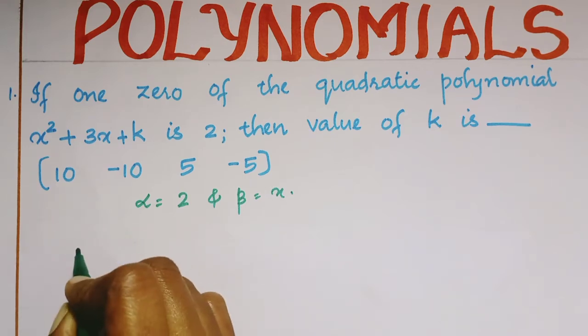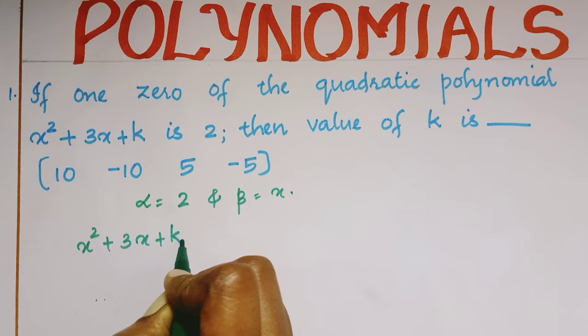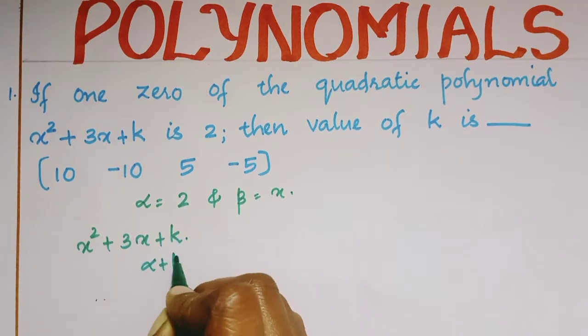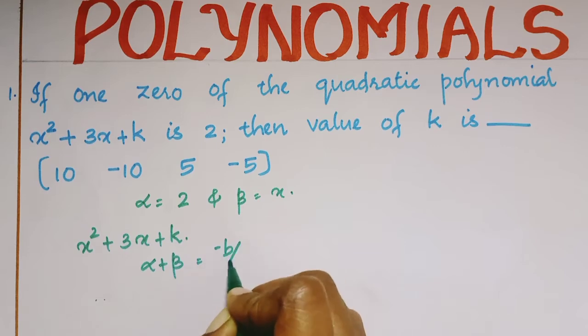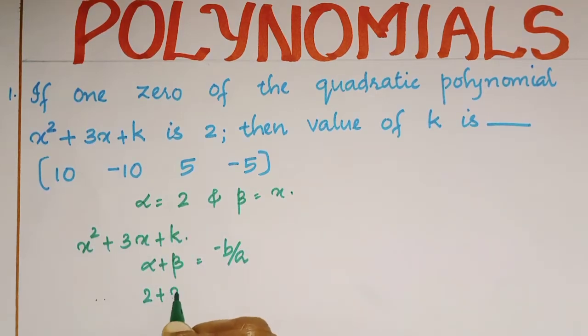The given polynomial is x square plus 3x plus k. Then alpha plus beta equal to minus b by a. Here alpha is 2 and beta is x.